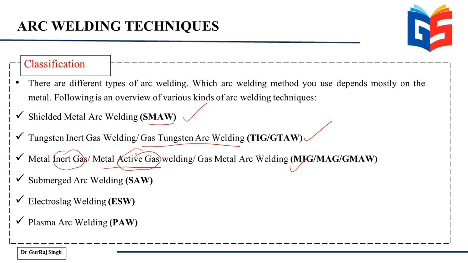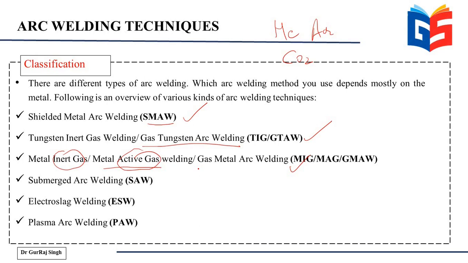Mostly we make use of inert gases, like helium and argon, but in some cases we can use active gases like CO2. We can use carbon dioxide as a shielding gas, and in that case, your MIG welding will be referred to as MAG welding.